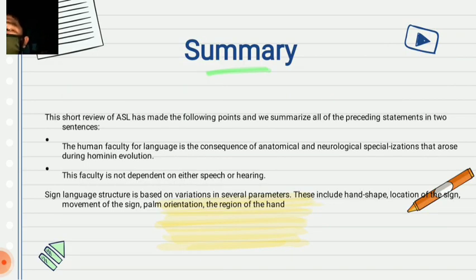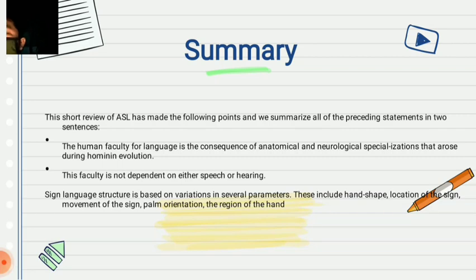Summary. This short review of ASL has made the following points, and we summarize all of the preceding statements into a sentence. First, the human faculty for language is the consequence of anatomical and neurological specializations that arose during hominin evolution.